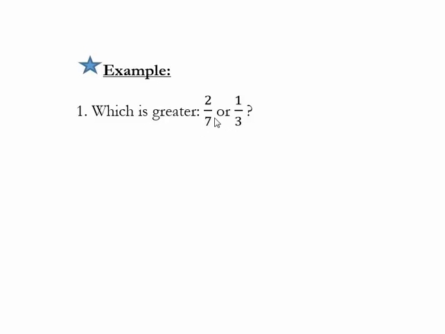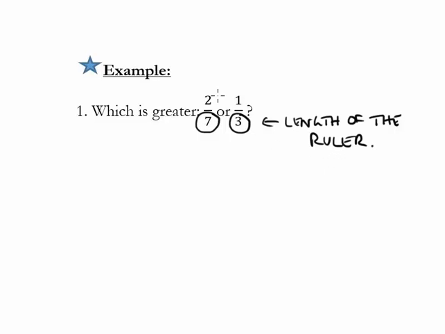I have to get this denominator the same, because remember in the measuring model, this is like the length of our ruler. And so we want to have the same length ruler, and then we can start comparing the numerators on top. We can say, well, measured with the same ruler, which one is bigger? And then we can say something like 2 is bigger than 1.